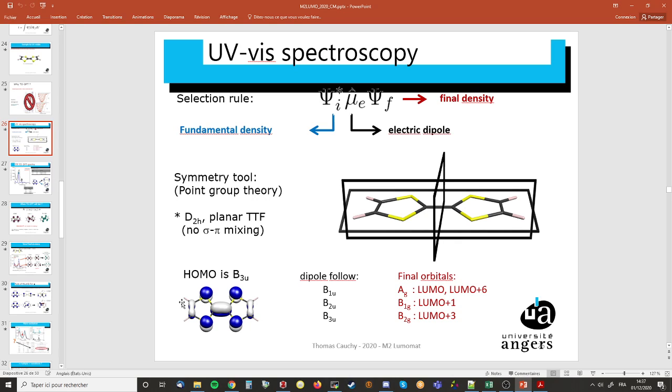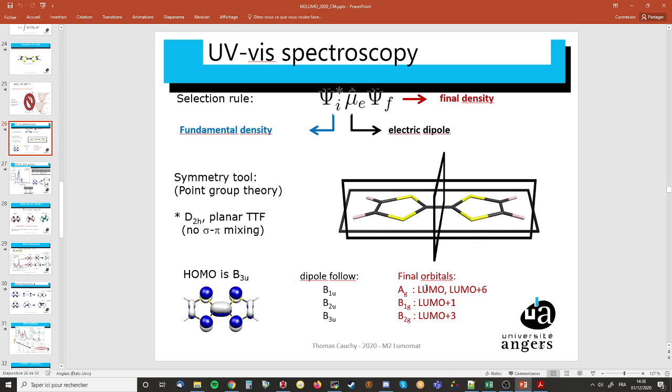The HOMO is in a group B3u, and there is a dipole, and in the character tables you will have the dipoles, and in this group it's B1u, B2u, B3u. So you can do the symmetry product with B3u multiplied by B1u, and find what could be the orbitals that could do a transition.